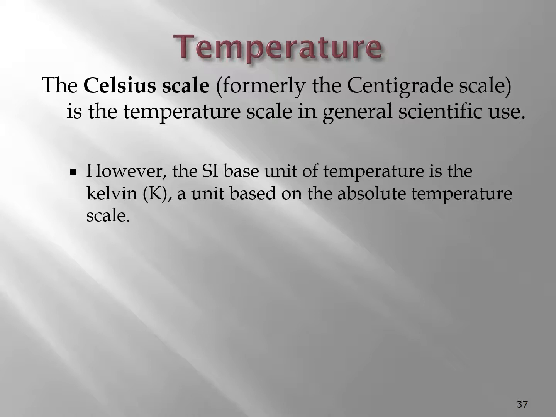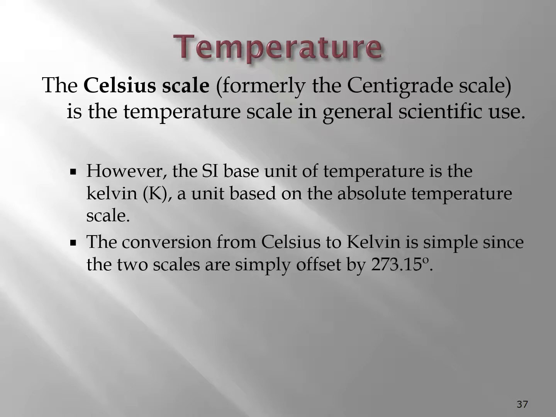Weight is an absolute scale, because if you put nothing on the scale, you will have a weight of 0. So nothing means nothing. An absolute scale would mean that at 0 we should have no molecular motion at all. And that's what the Kelvin scale is based on. If you get down to 0 Kelvin, there is absolutely no molecular motion at all.